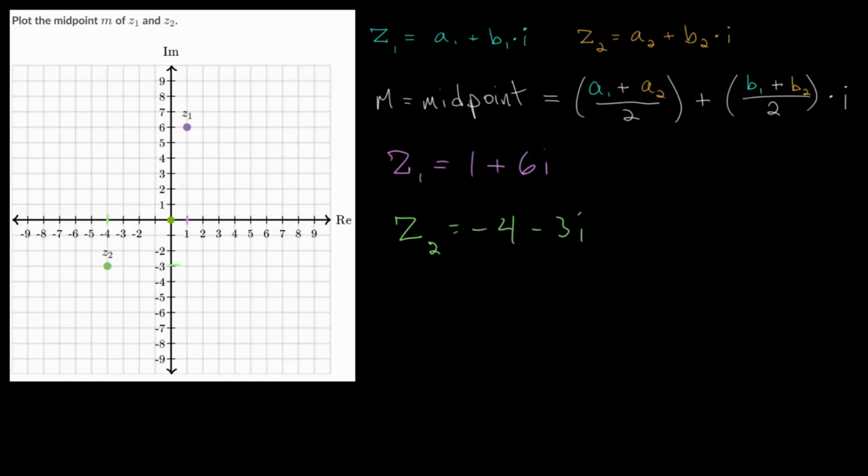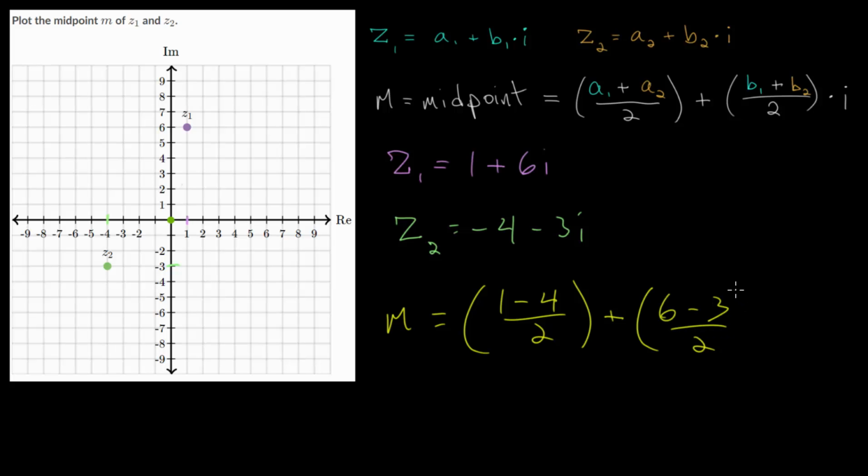So to find this midpoint, we just need to find the average of the real parts, which will be 1 plus -4, or just 1 minus 4, and we'll divide by 2. And then we will add that to the average of the imaginary parts, which will be 6 plus -3, or 6 minus 3. We will divide that by 2 and multiply by i.